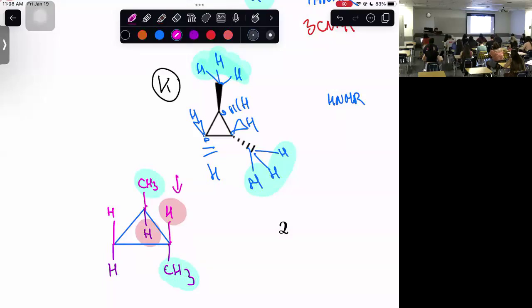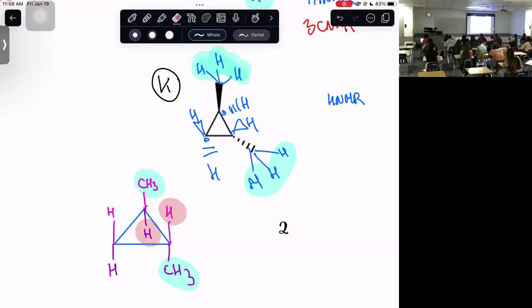Because if we look at this guy, the wedge hydrogen in here, it's next to one methyl group and across from another methyl group. That's its environment. Now, the one at the bottom, the one that was dashed, is next to a methyl group and across from a methyl group. So the descriptions match each other, therefore they're exposed to the same exact thing.